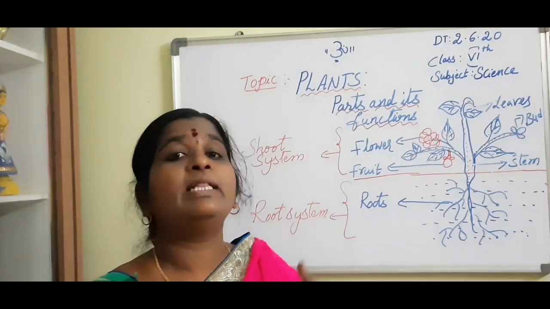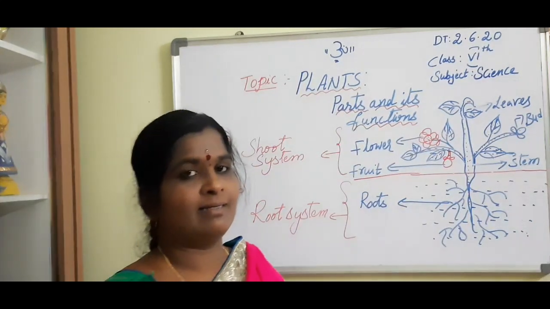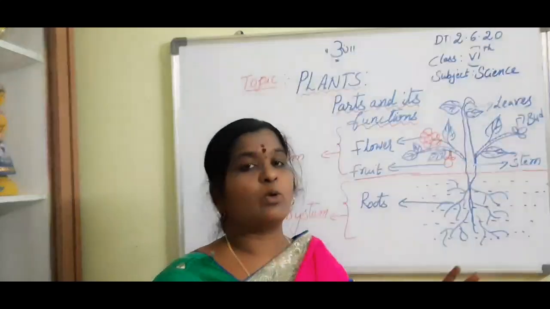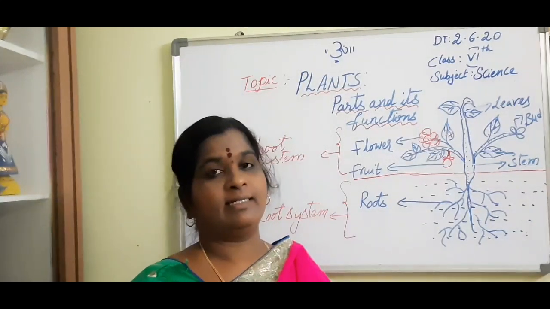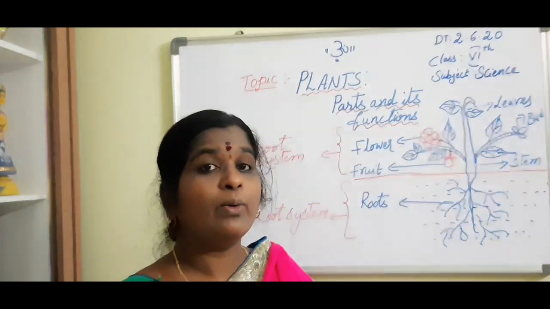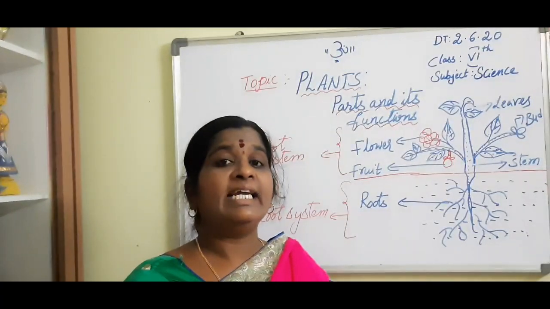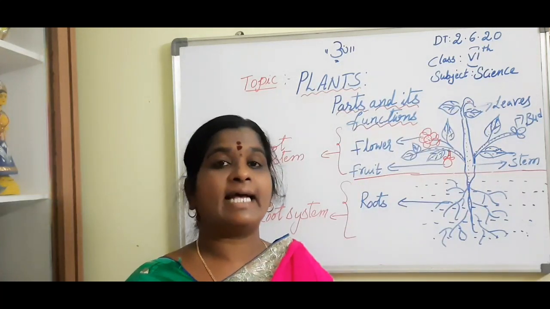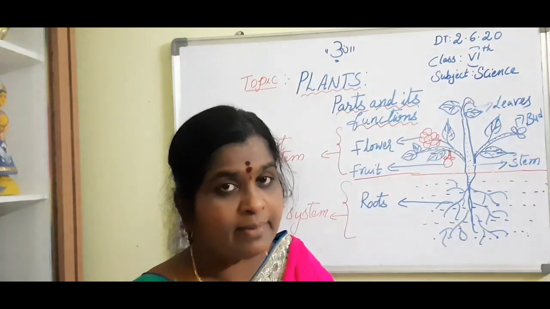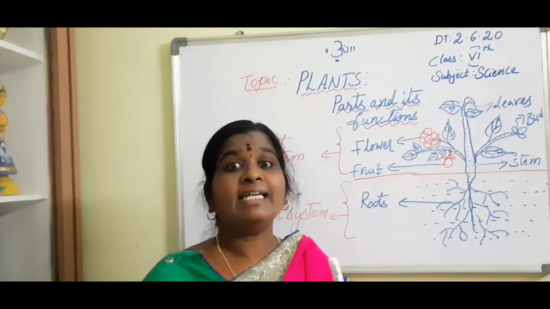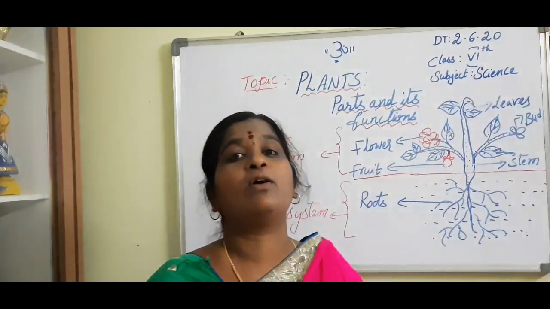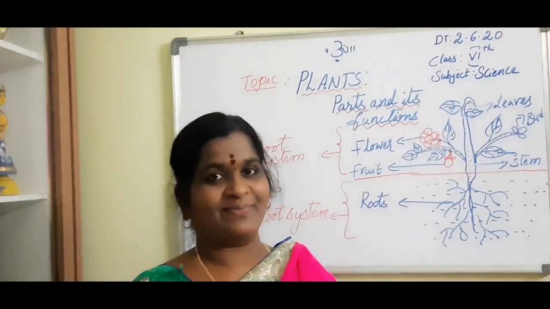So, let us know the importance of the plants. Plants play a vital role in the environment. Plants balance the environment. How? Because they consume the carbon dioxide which is released by living organisms and from industries, and they give the important gas which is useful for living organisms, that is oxygen.